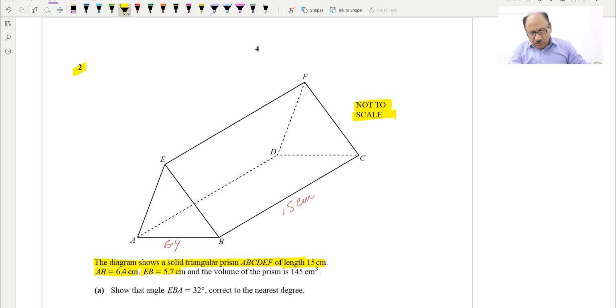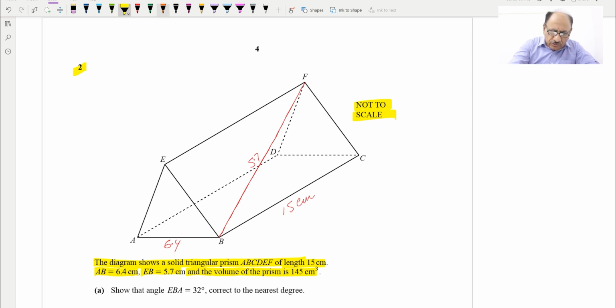We need to draw EB. So if I draw EB, this one will be EB, and EB is 5.7. And the volume, next they are saying, the volume of the prism is 145 centimeter cube.